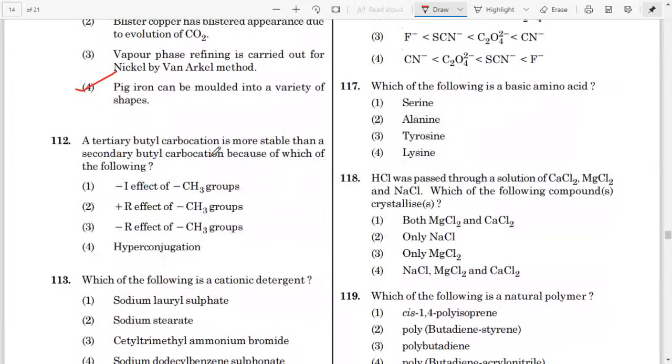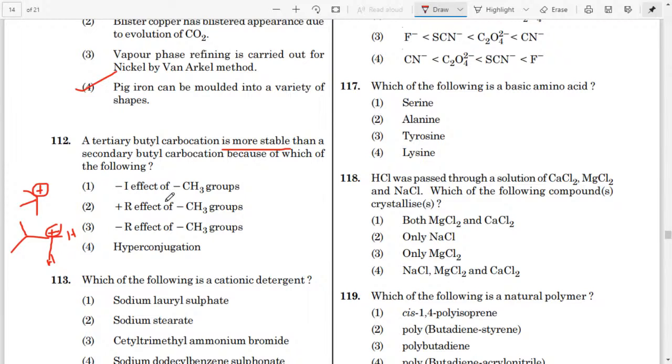A tertiary butyl carbocation. Let us write tertiary butyl carbocation. This carbocation is more stable than a secondary butyl carbocation, because of which of the following?